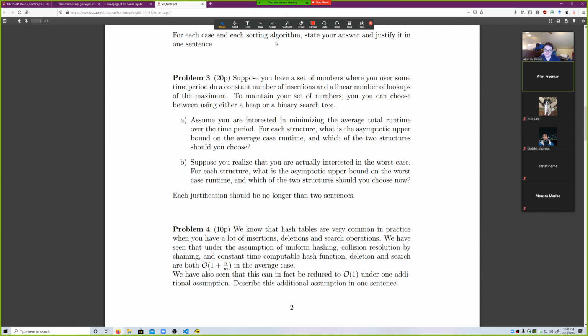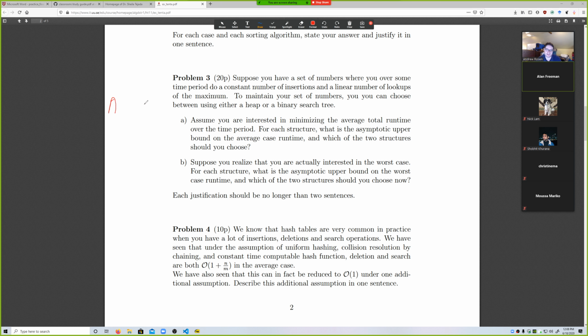Or rather, let's say we insert n items and we do k lookups. And we know that n is orders of magnitude smaller than k. That's really what we're saying. Make sense? A constant number of insertions and k number of lookups.